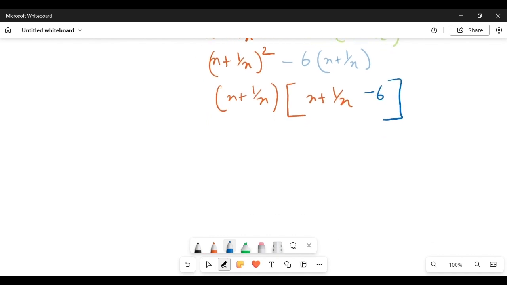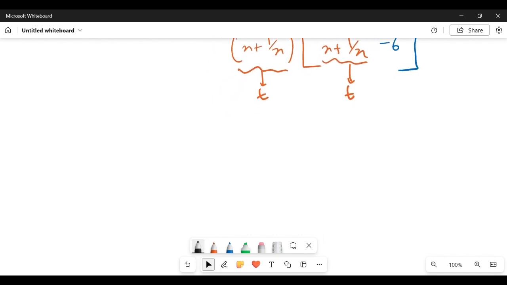In order to reduce the complexity, let's call x plus 1 by x as t. So the expression now becomes t into t minus 6, right? We have to minimize this, so this is t square minus 6t, which is basically a quadratic equation.